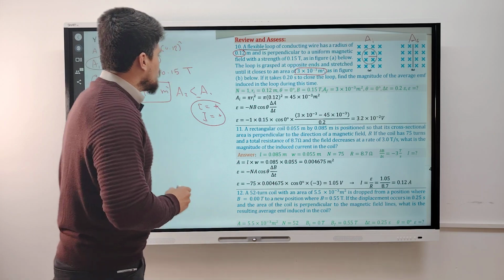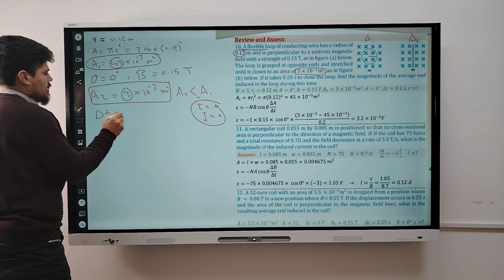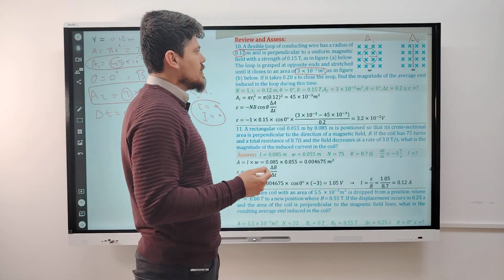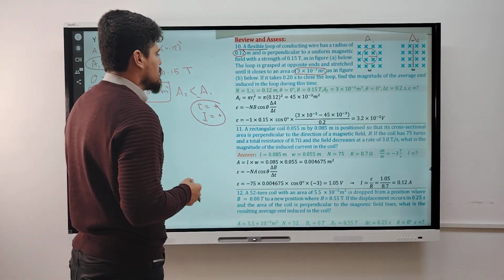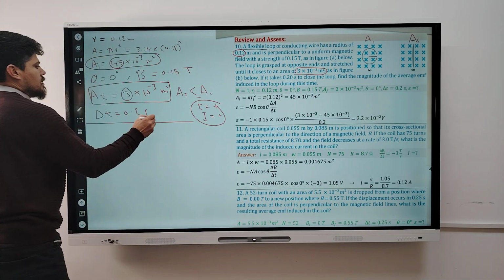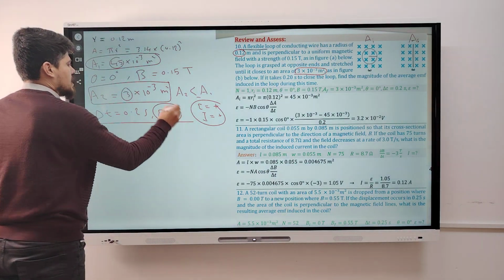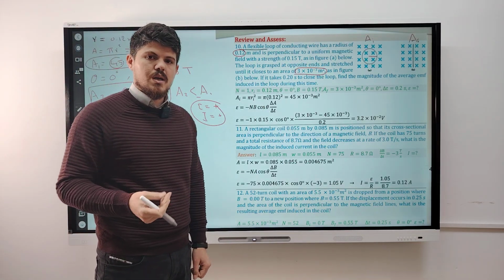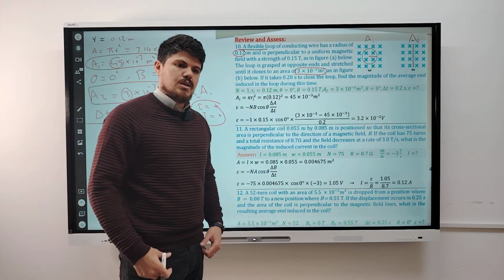If it takes 0.2 second, delta T 0.2 second, to close the loop, find the magnitude of the average EMF induced in the loop. What is unknown? Induced EMF is unknown. The final result should be positive or negative? Positive. Why? Because the area in this case decreases.